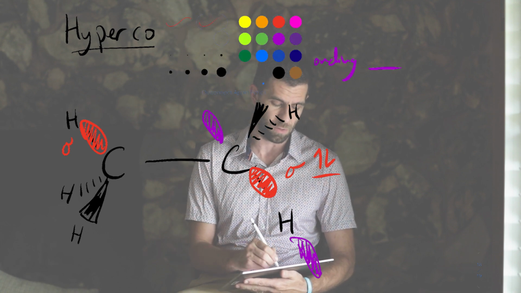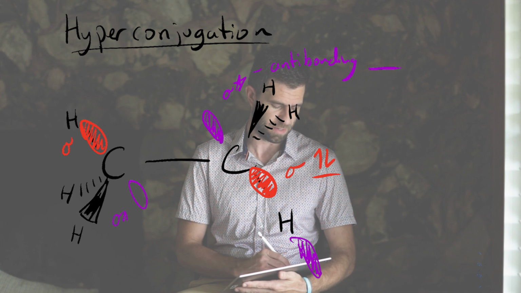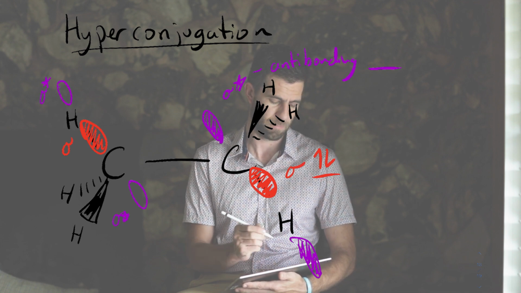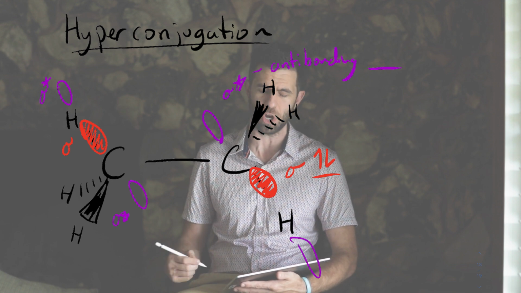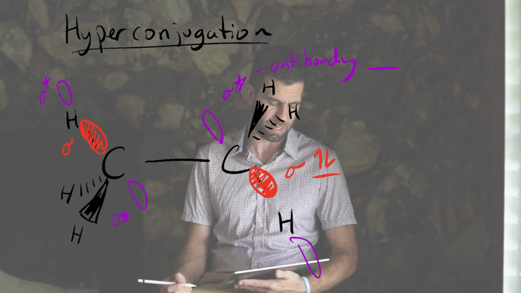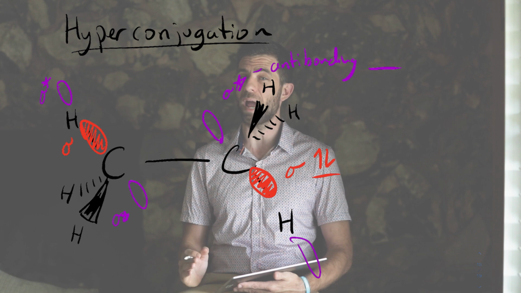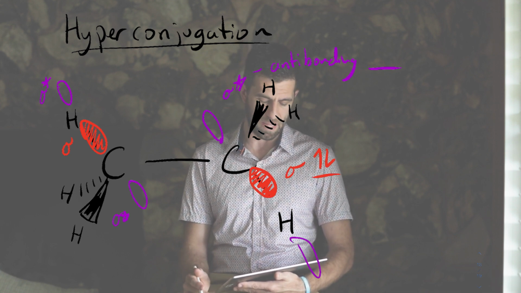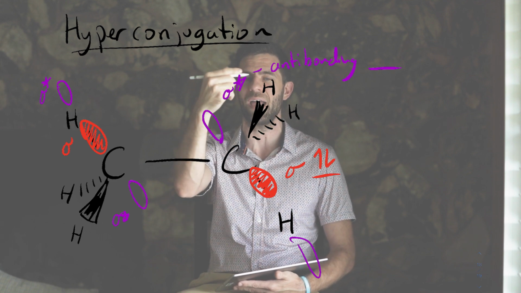And it also has these sigma star bonds. And you know what? I'm going to cheat a little here, and I'm going to empty these out just to show that they're empty, all right? Because there aren't any electrons in those anti-bonding orbitals. Now, if this is in the staggered position as I've drawn it here, what we'll notice is that these hydrogens are perfectly in line with each other, these anti-hydrogens.